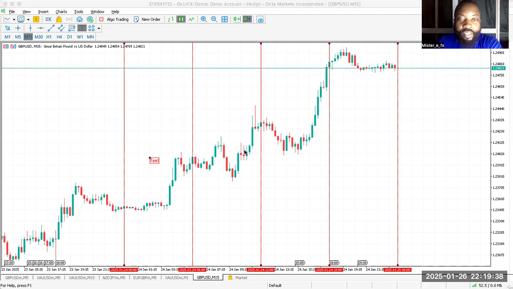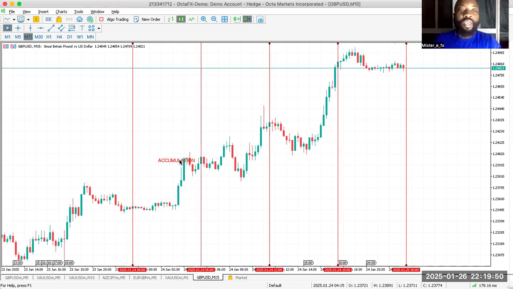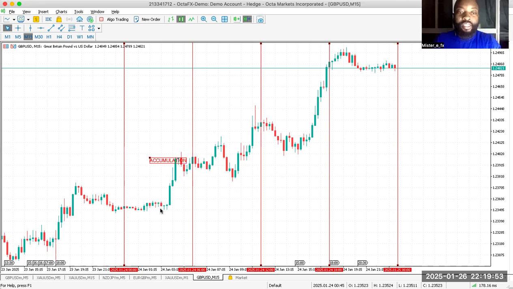The first area will be an accumulation. What does it mean? It means in this area here, the market will range like this. Can you see what the market is doing? The market will range. So this is an area where we're going to have a ranging market, right?